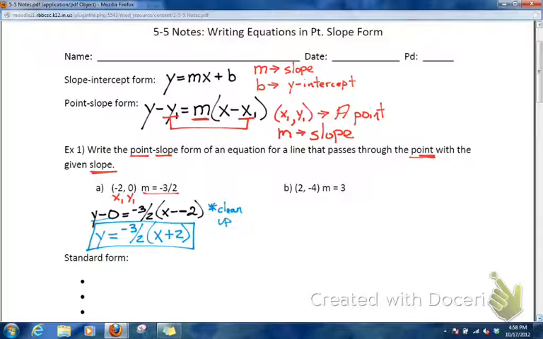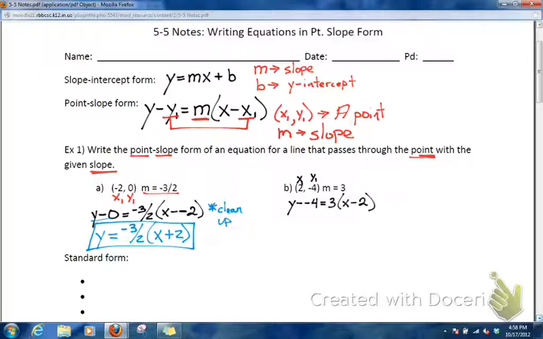Alright, you guys could go ahead and try letter B here on your own. Pause the video and come back and check your answer. Alright, and we're back. So here we go with point-slope form of this problem. We're going to say y subtract, here's my y1, so y subtract negative 4 equals m, which is 3, times x subtract x1, which is 2.